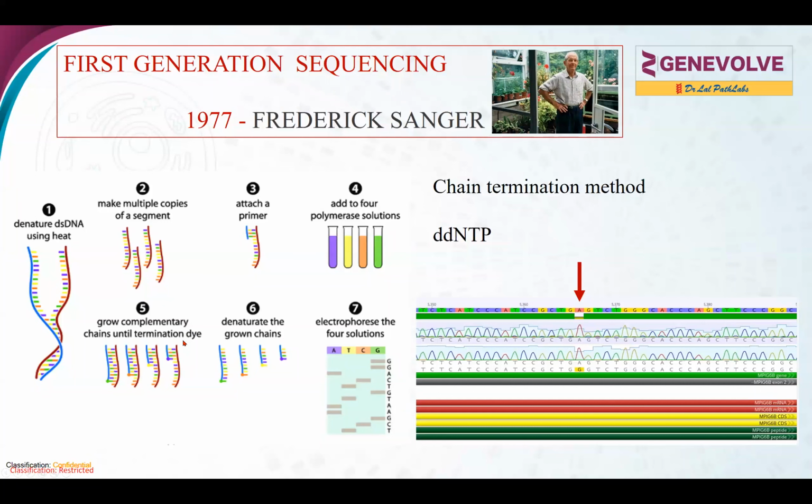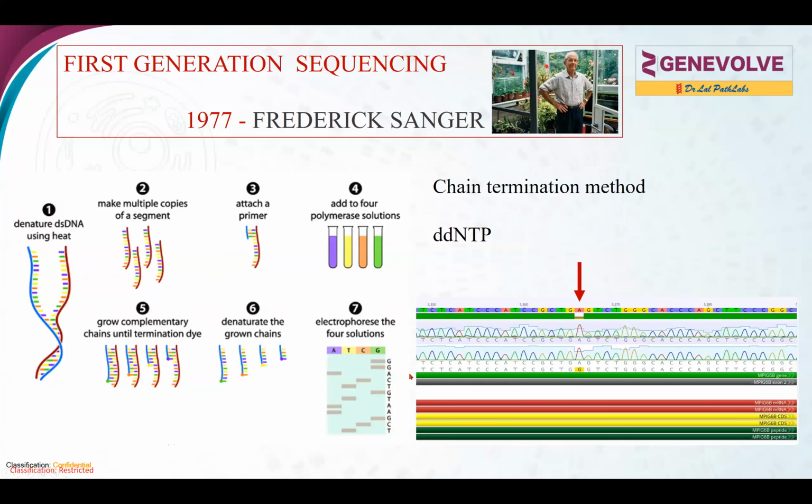And once these chains are amplified, they can be looked at as to which gene or which target region we've amplified. During this amplification, if a dideoxynucleotide is incorporated, the chain gets terminated there. Wherever a dideoxy ATP or a dideoxy GTP is incorporated, the chains terminate at various levels of nucleotide incorporation.